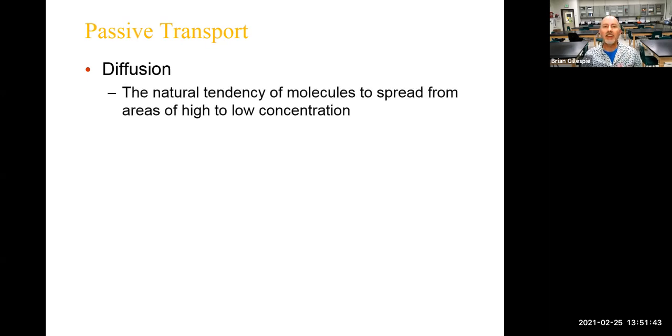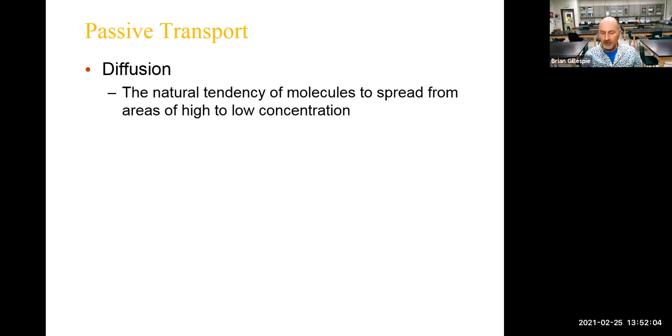Diffusion is simply a very natural tendency for molecules of a particular type to spread from areas where they are very closely concentrated, lots of the same molecules all close to one another, moving around and bouncing against one another, and they naturally spread from areas of high concentration to areas where there aren't as many of that particular type of molecule.